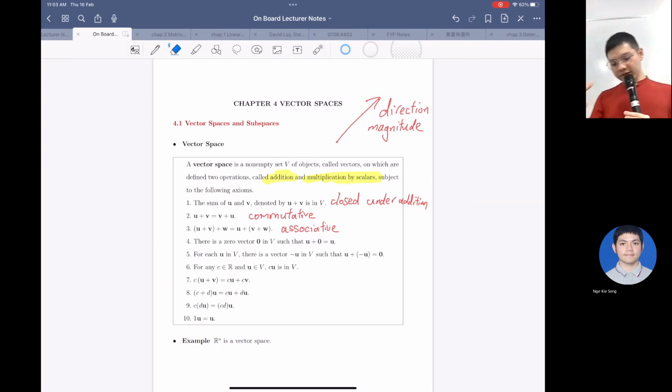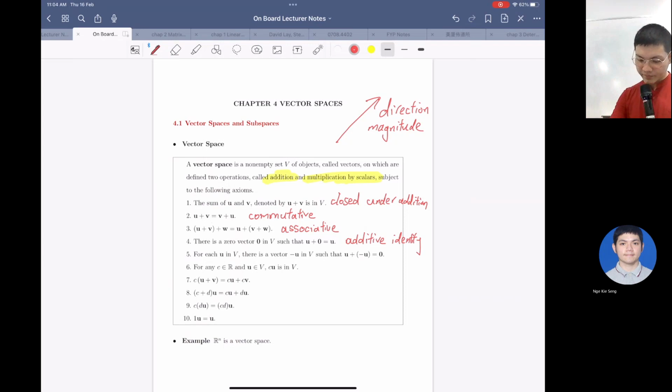Fourth, I need to have a zero vector inside my space, which is the additive identity. Everything added to this zero gives back itself, the original vector. Fifth, can I add to any vector and return to zero?